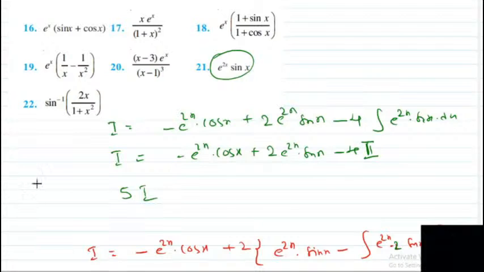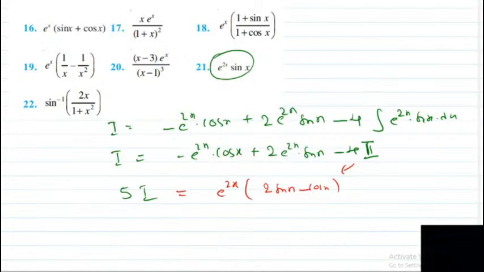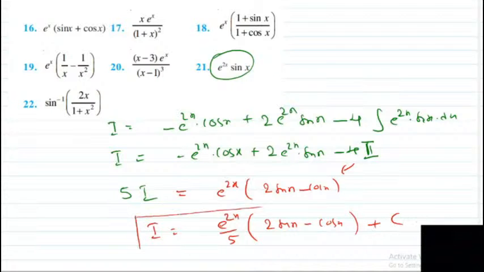So what I did now is transfer minus 4I to the left-hand side: 5I is equal to e^(2x) taken common, times (2 sin x minus cos x). Now I am finalizing: I is equal to e^(2x)/5 times (2 sin x minus cos x) plus c. This is the answer for the problem.